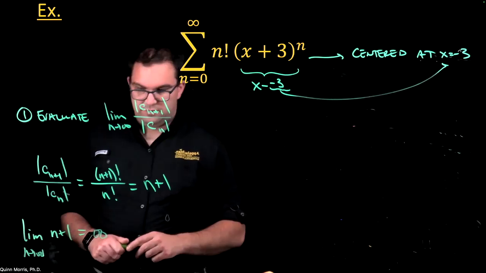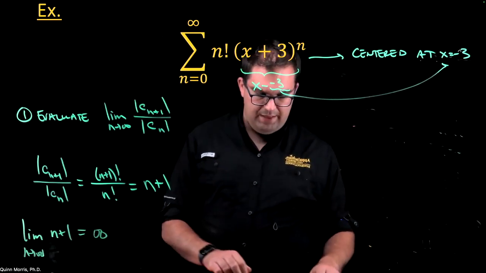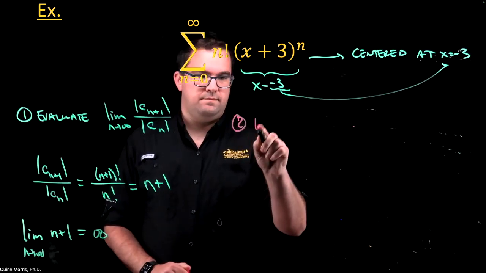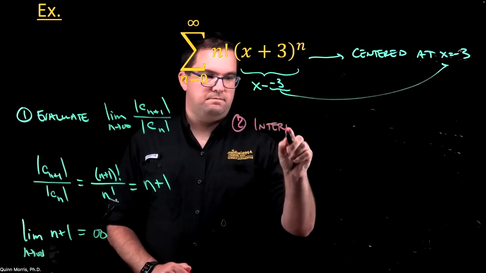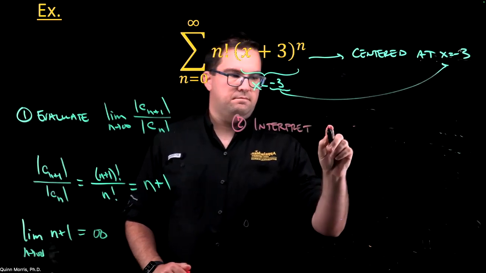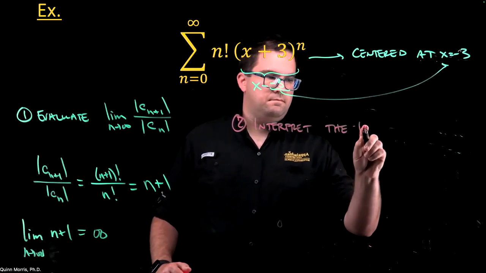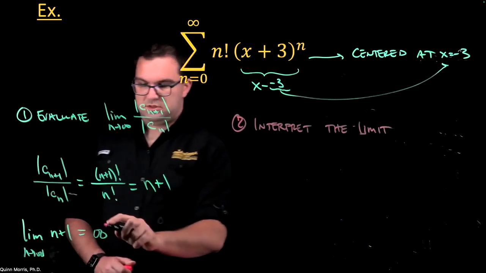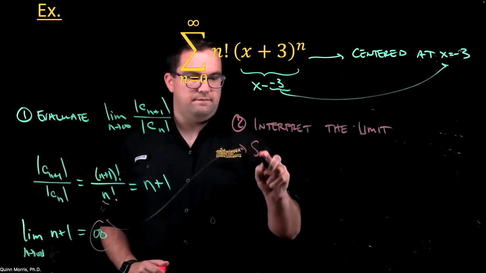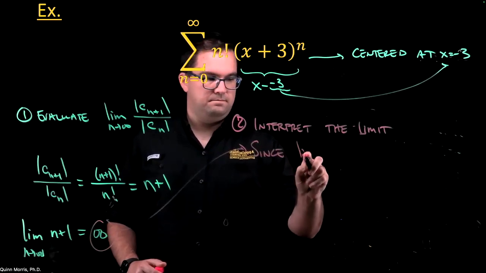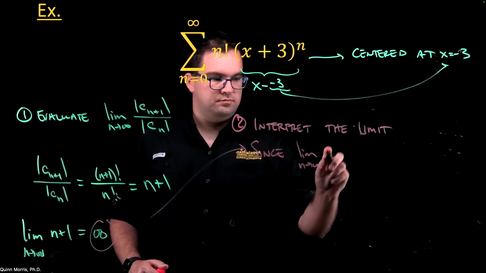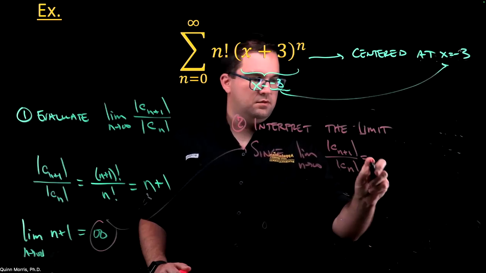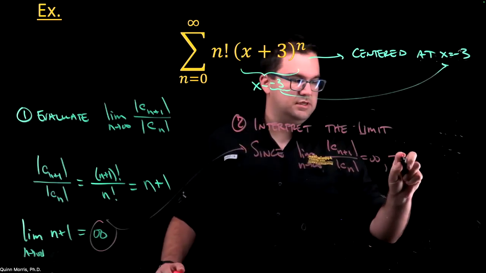So now, how do I interpret that? Because I get infinity here, that means my radius of convergence is 0.